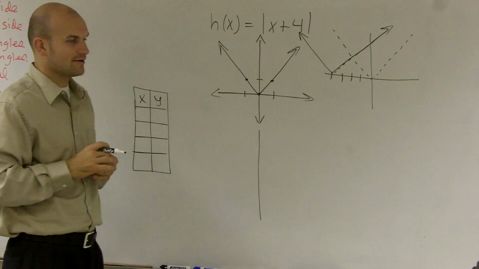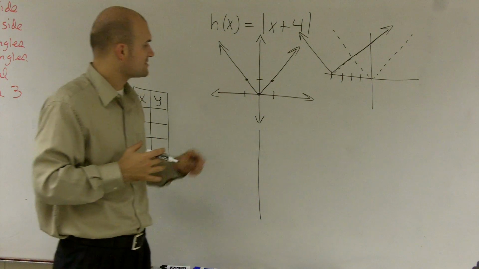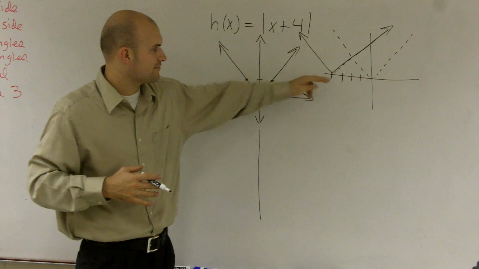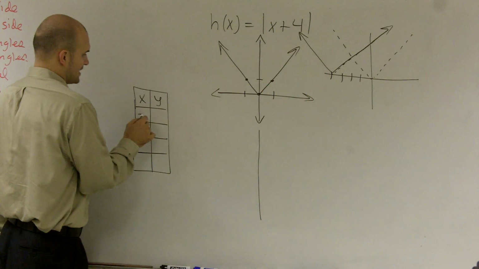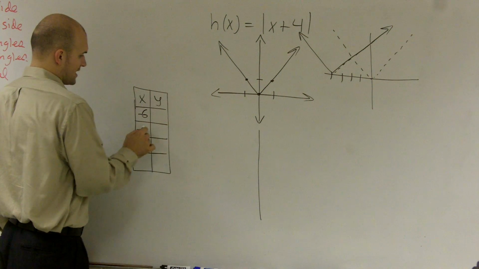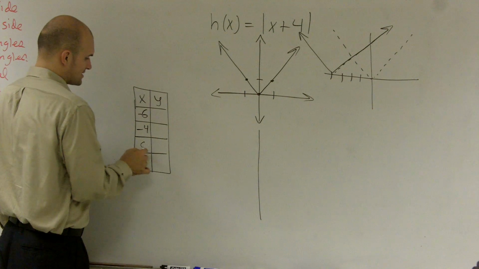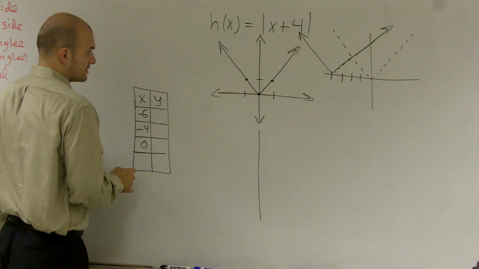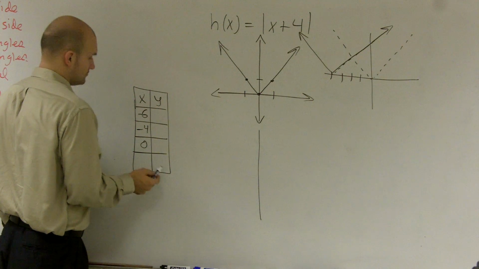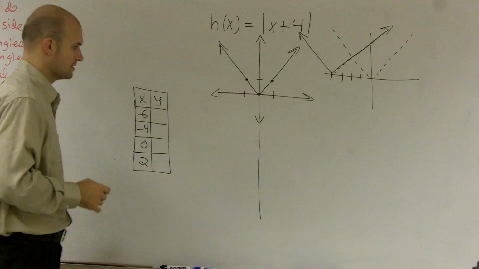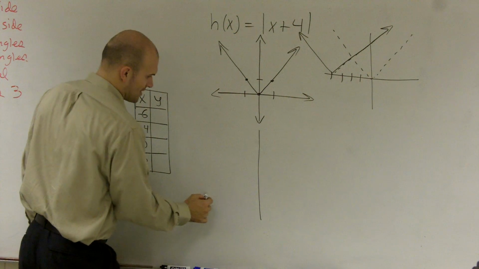To graph this, let's pick negative 6, negative 4, 0, and 2. Okay? So now let's plot those on this graph right over here.